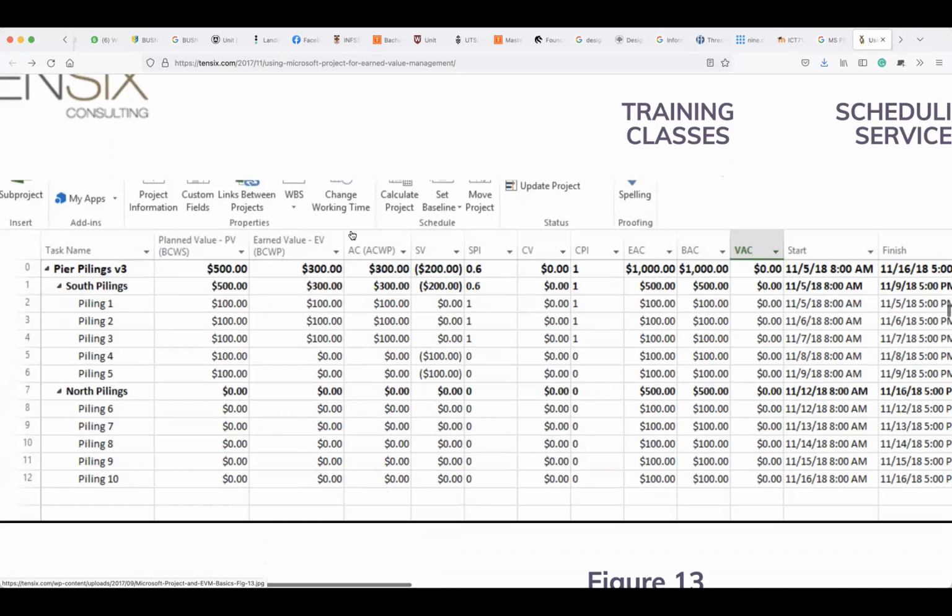This AC is what we are calling the actual cost. That's what the system calculates for you when you tell it whether an activity has been completed or has not been completed. So this is automatically calculated by the system that shows you whether something has been done or not. So that's the actual cost that we're talking about. Does that make sense? Any questions on that?